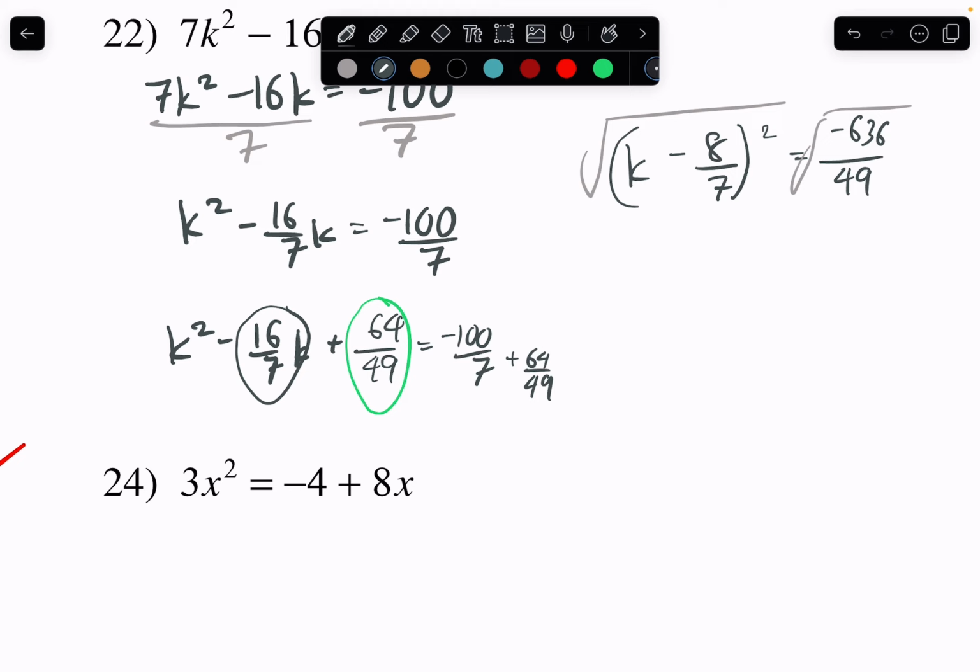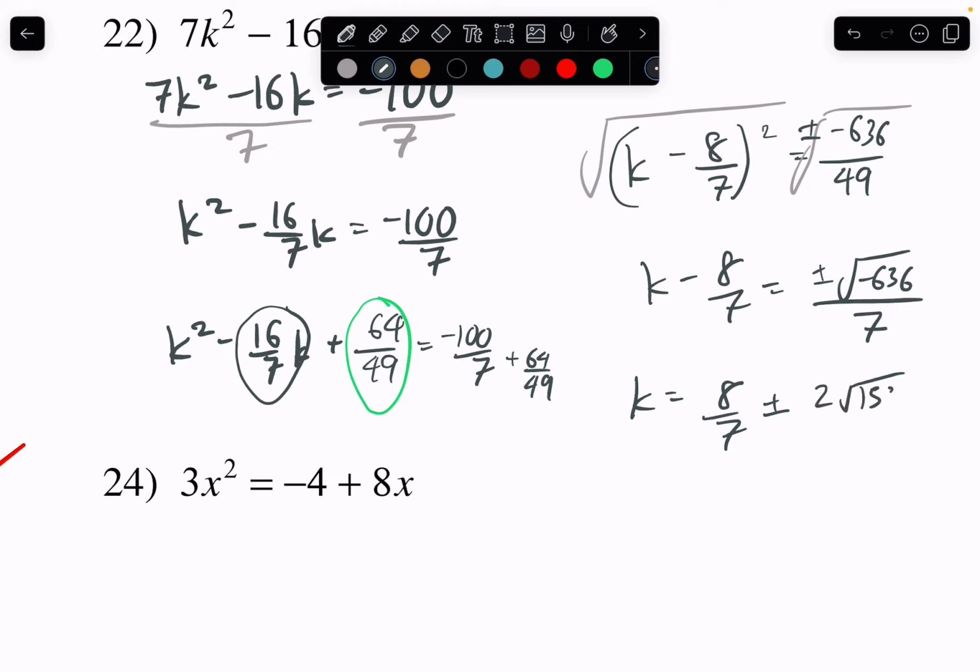This is actually crazy. So k minus 8 over 7 is going to be plus minus square root of negative 636 over 7. 8 over 7 plus minus. Let's simplify negative 636, which is under the square root. That's going to be 2 square root 159.